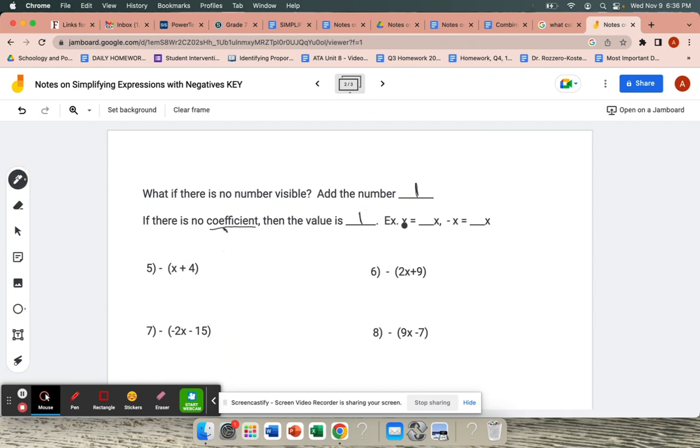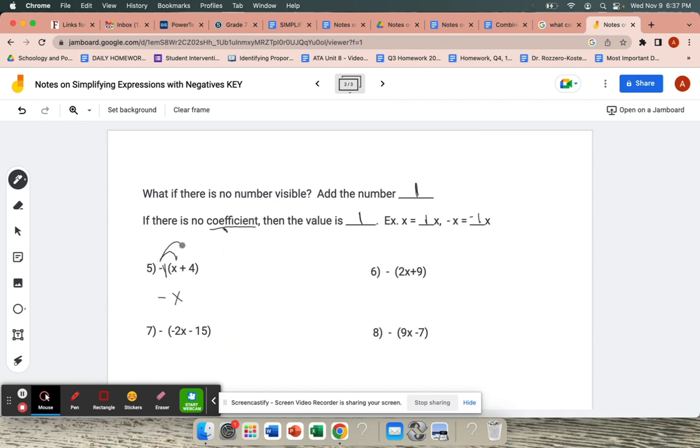For instance, if you just have x, it's actually 1x. If you have negative x, it's actually negative 1x. So no matter what, we can always add a 1. And it helps us see the distributive property better. So on the first one here, if we put a 1 there, now we can distribute. Negative 1 times x is negative 1x or negative x.